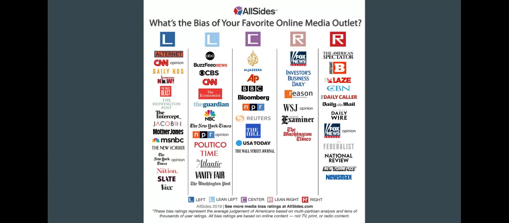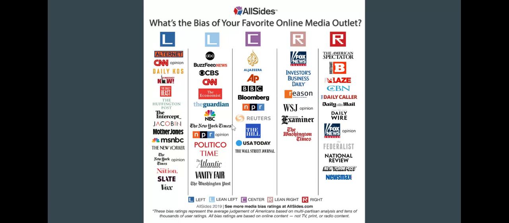I also want to call your attention to, let's look at the left side over here. You can see here's CNN on the second to the left, and then far to the left, we've got CNN Opinion. So even though it's made by the same group, you can see different news types. They added the word opinion, so obviously it will be an opinion. You can see the same thing.